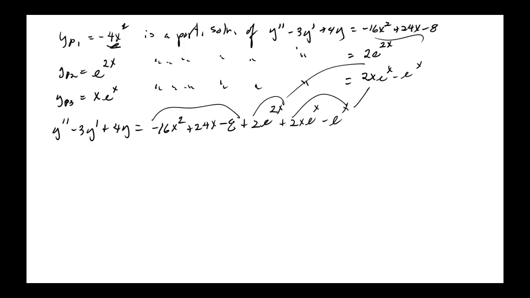Okay, that's your differential equation, and it follows from that that your particular solution of that differential equation, this is not the complementary, this is not the homogeneous part, just the right-hand side, would be minus 4x squared plus e to the 2x plus x e to the x.